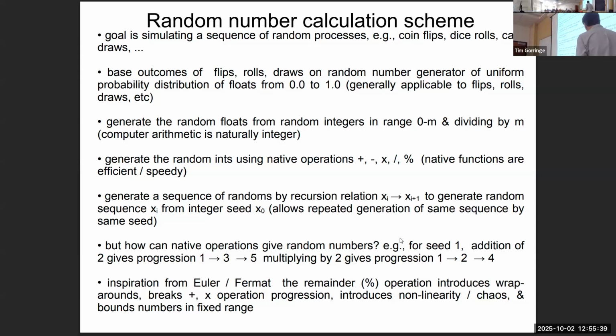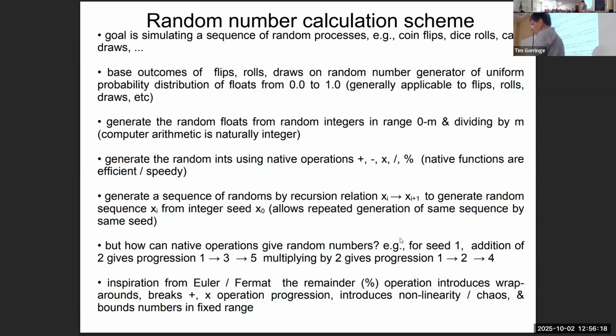Well, the native operations on a computer are addition, multiplication, subtraction, and division. And with the division comes remainders. So we're going to use remainders, or the modular operation, as the key in our generation of pseudo-random numbers.